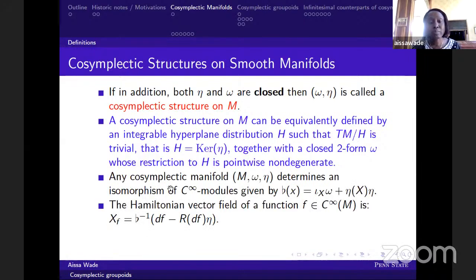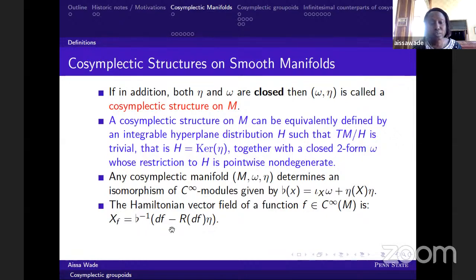Now, if you have a cosymplectic manifold, meaning a manifold equipped with a cosymplectic structure, then we have an isomorphism of C-infinity modules, taking vector fields to one-forms. This is called the flat map. Now, this flat map is an isomorphism.